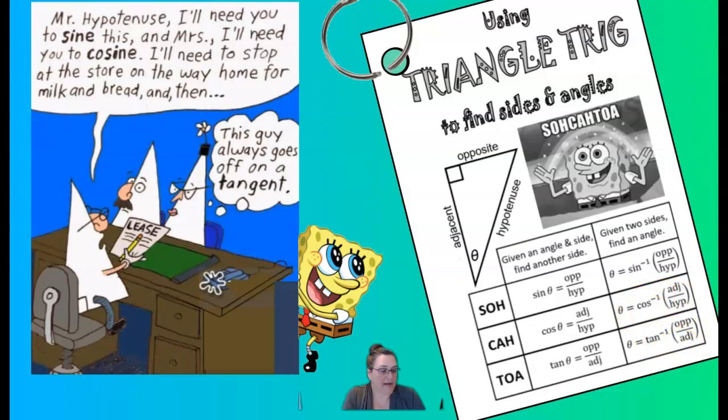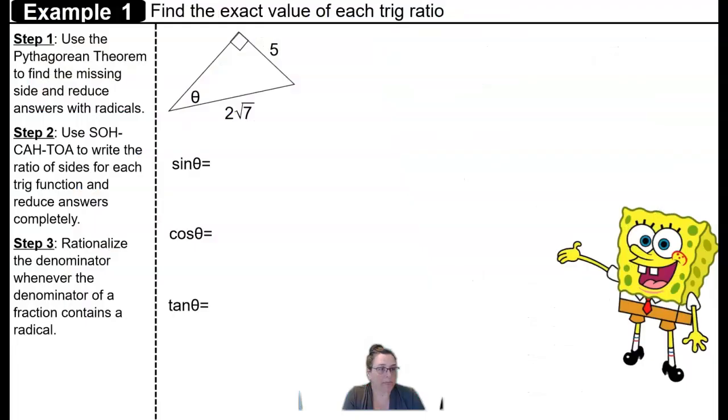So let's go ahead and look at example 1. We're asked to find the exact value of the sine of theta, the cosine of theta, and the tangent of theta. When we look at the illustration of our triangle, here's our angle theta. The 5 is opposite of that angle, and the 2 square root of 7 is opposite the right angle, so that would be the hypotenuse.